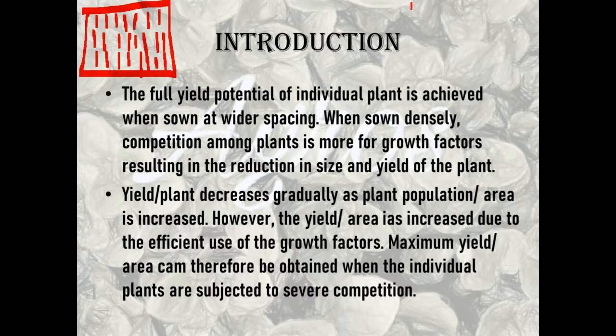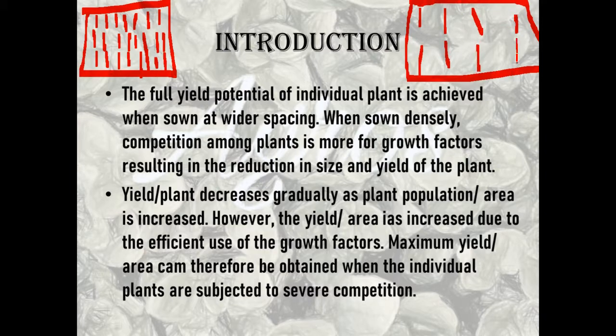Suppose I have taken a small area, and there I have planted a small number, 10 plants. Okay, and I have spaced them widely. It means I have planted them with a wide planting space.